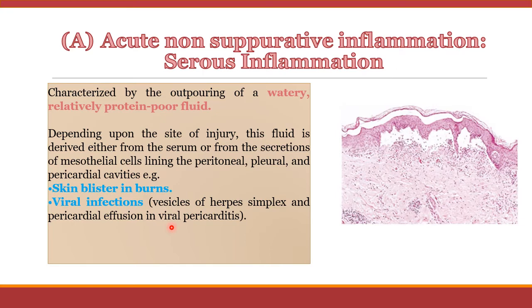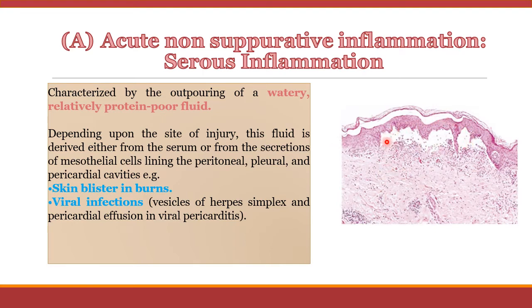And those different serous membranes, when they are inflamed, most probably because of viral infection, we will see accumulation of fluid in those cavities or those membranes, and this accumulation of fluid is called effusion, and this is a type of serous inflammation.